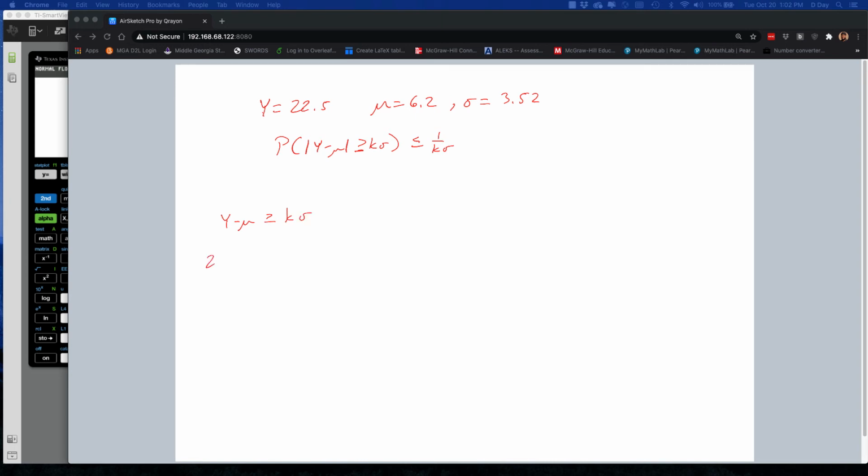So we know our y is 22.5. We know our mean is 6.2. We know this is greater than or equal to k times sigma, and sigma is 3.52, so it's really 3.52k. So I'm really solving this for k. So 22.5 minus 6.2, we divide both sides by 3.52, and we should know what k is.